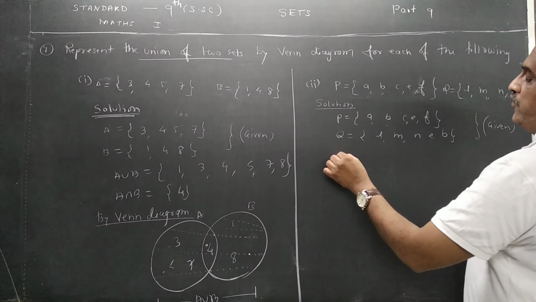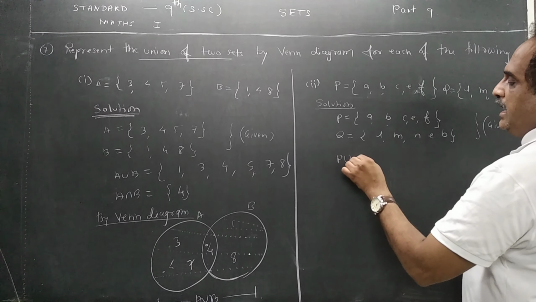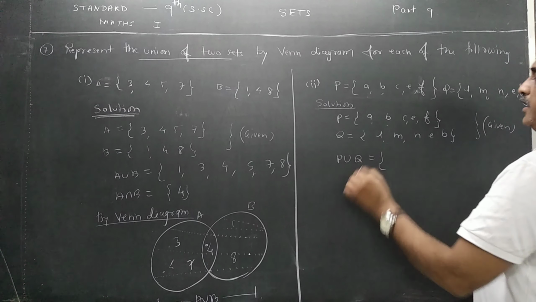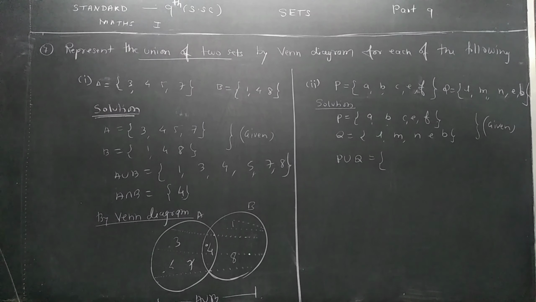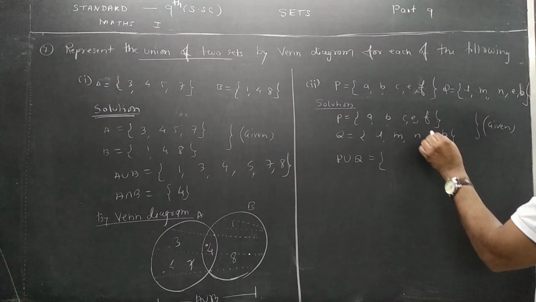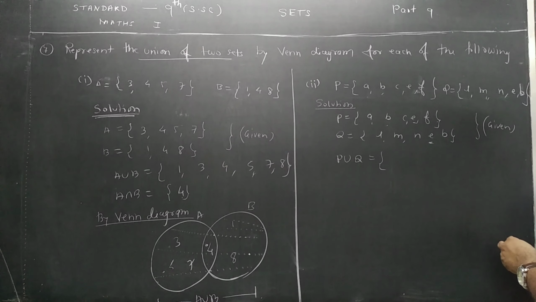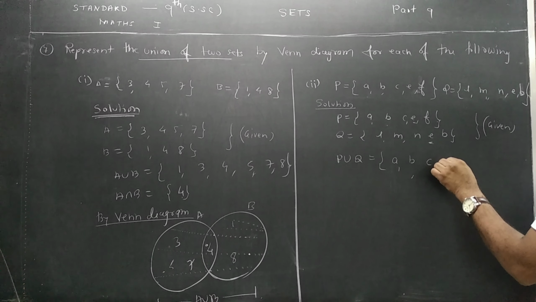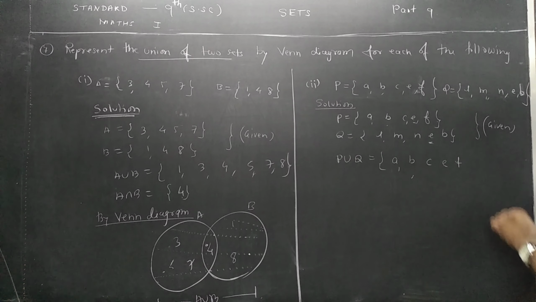So we are going to write P union Q. First of all, we have to see which are the common terms between them. I think E is there, okay? Anything else? Nothing. So A, B, C, E, F.